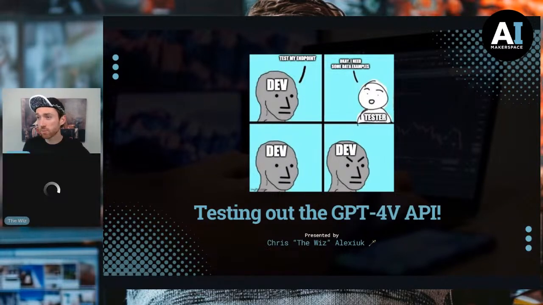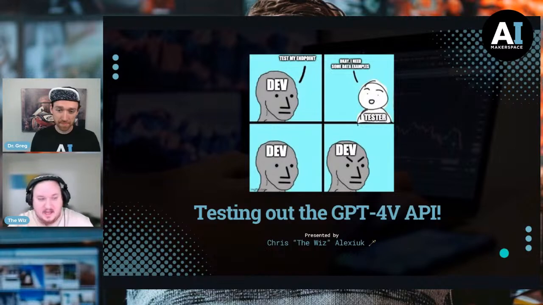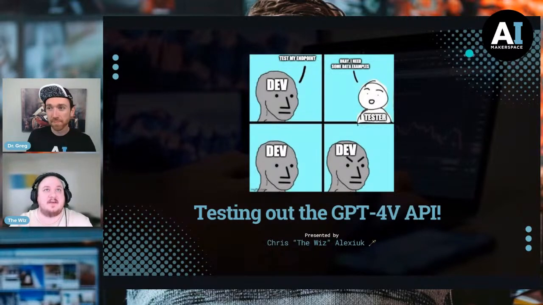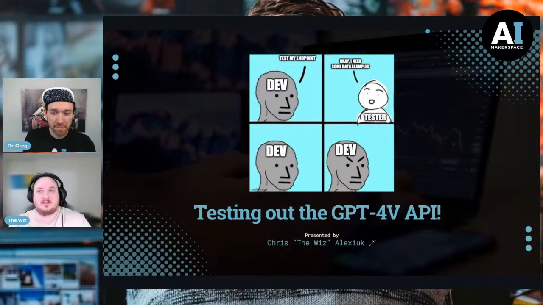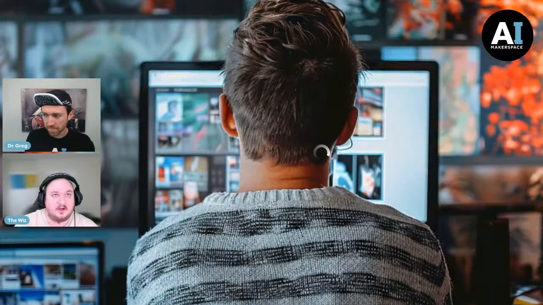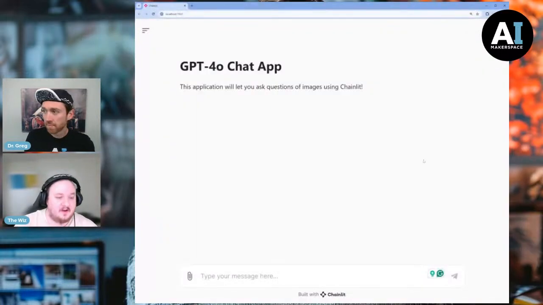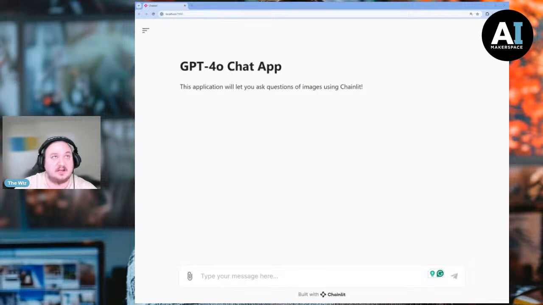Wiz, what did we find this week? Yeah, so it's definitely good. It's not great in terms of the integration with the rest of the ecosystem, but for right now, it's actually pretty good. So we have our test application here that we're going to use.